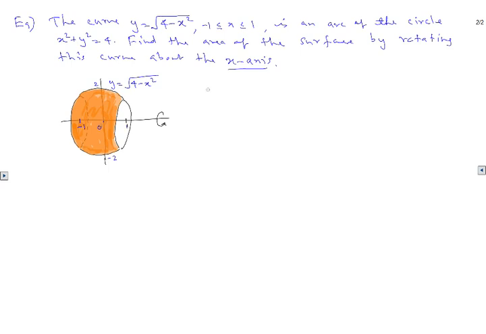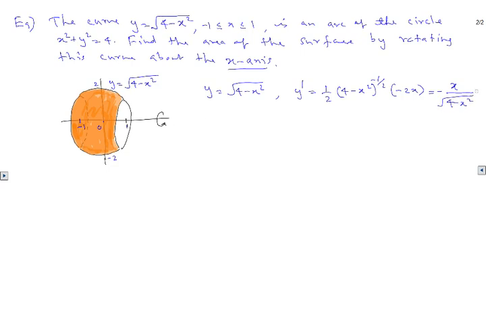First we need the derivative y prime, using the chain rule: 1/2 times (4 minus x squared) to the -1/2 times the derivative of the inside function, -2x. Simplified, the 2s cancel and we get negative x over the square root of 4 minus x squared.